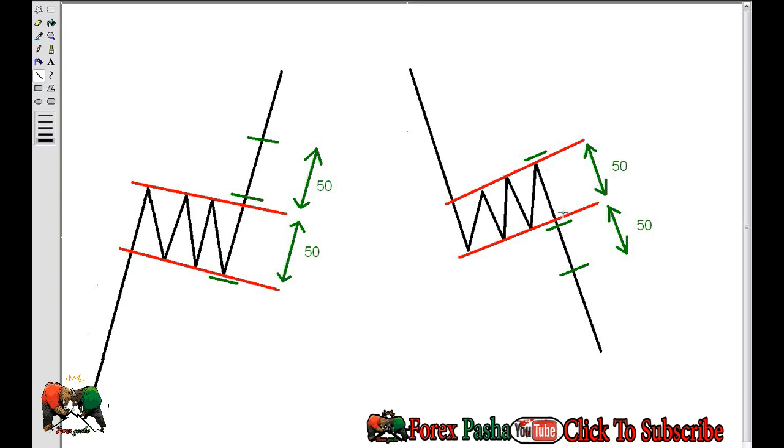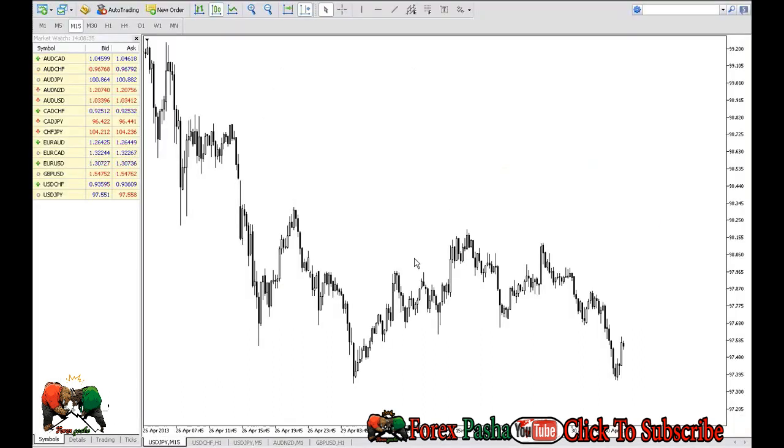You take your measurement tool or your cursor, you go just a few pips inside the bottom consolidation line, so it'd be just a few pips above, and then you measure 50 pips, and let's say this equates to 50 pips here, this little green line, and that is your profit target, and that is you out of the trade there as well.